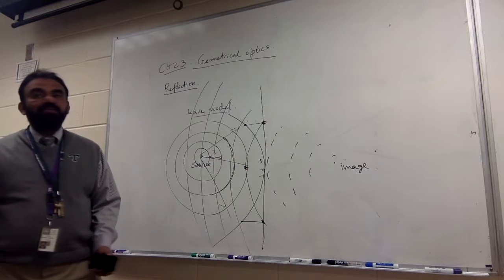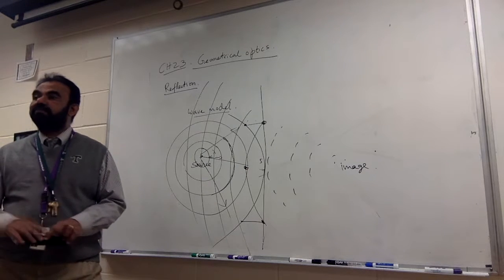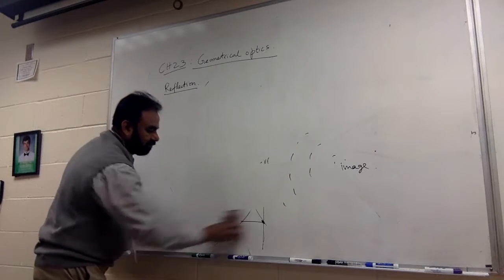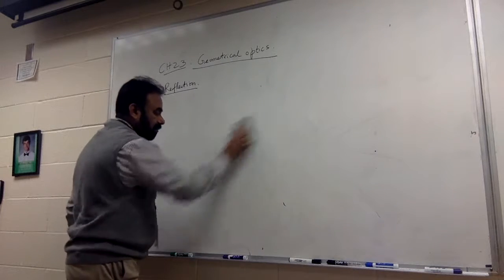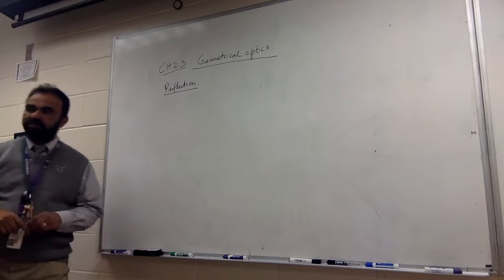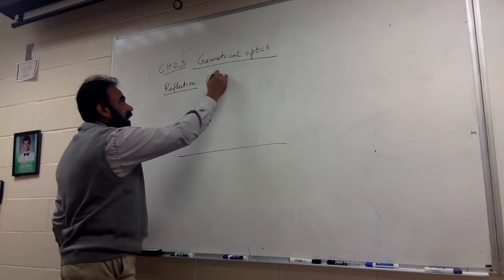It's much simpler to study reflections and even refractions using the ray model. So the ray model is very easy to study, and that's what we're going to use. So starting with the basic thing, reflection, plane mirrors.